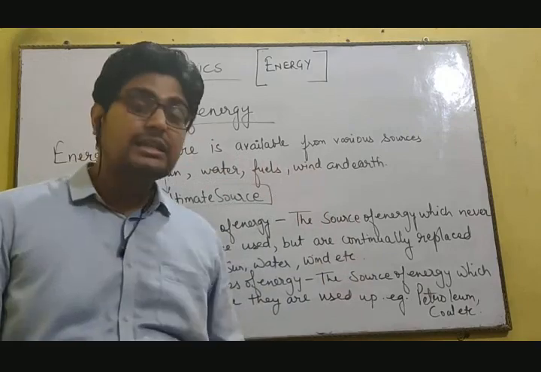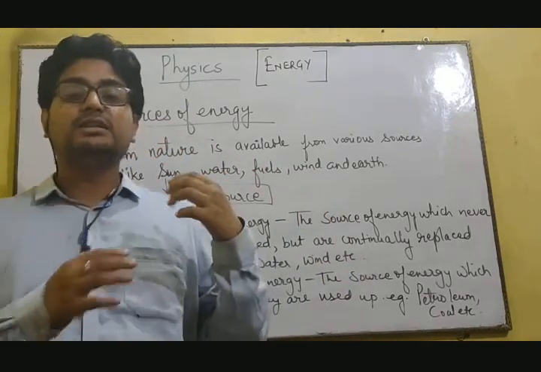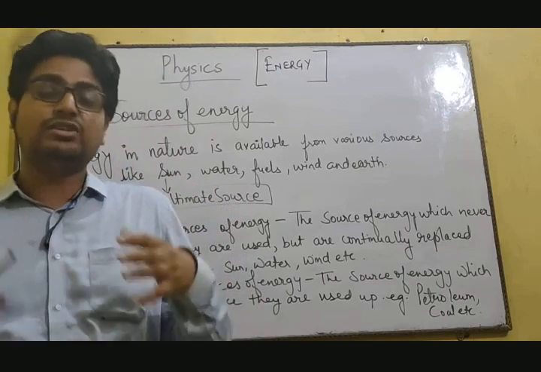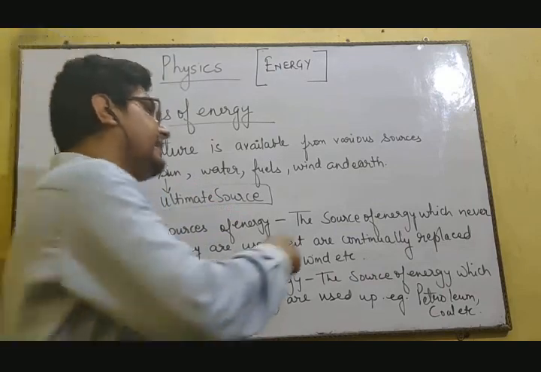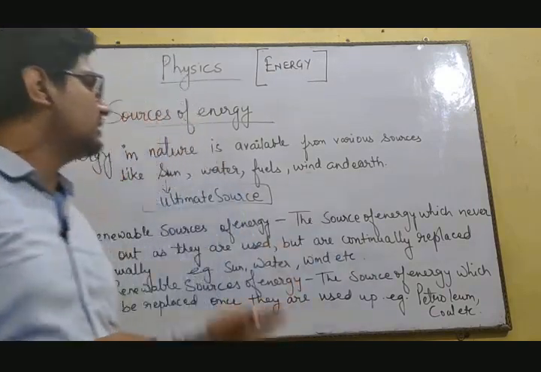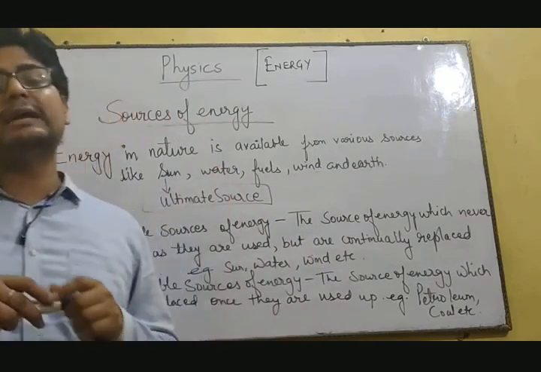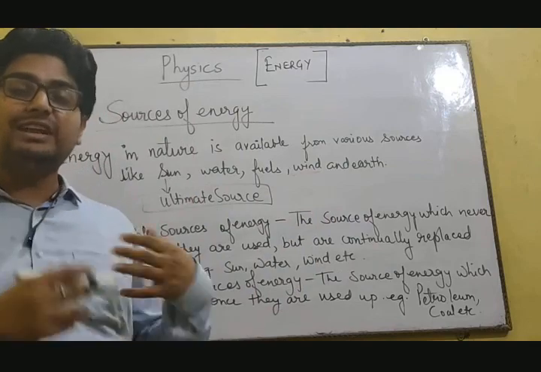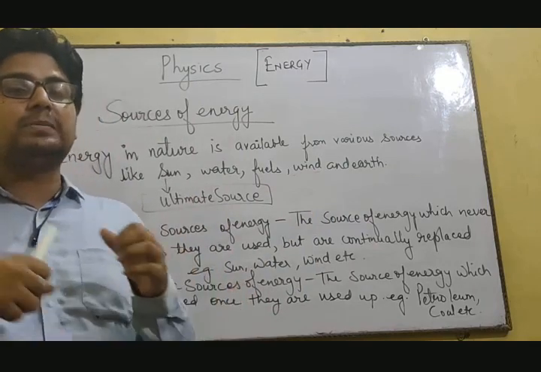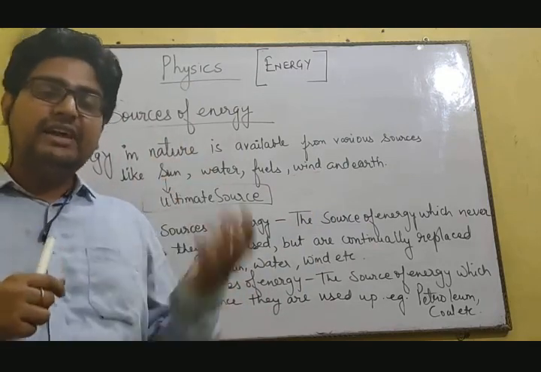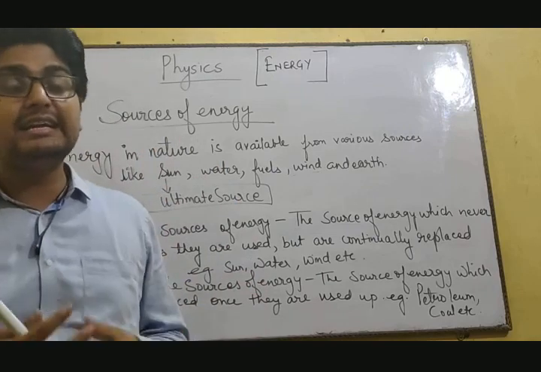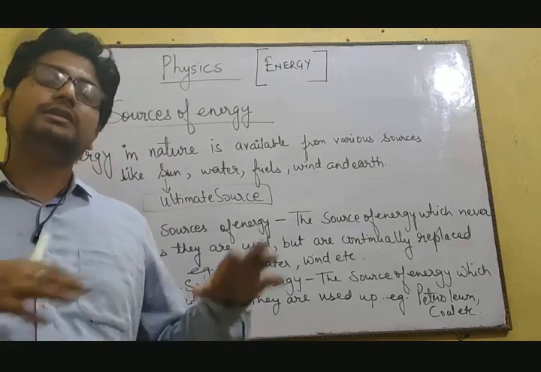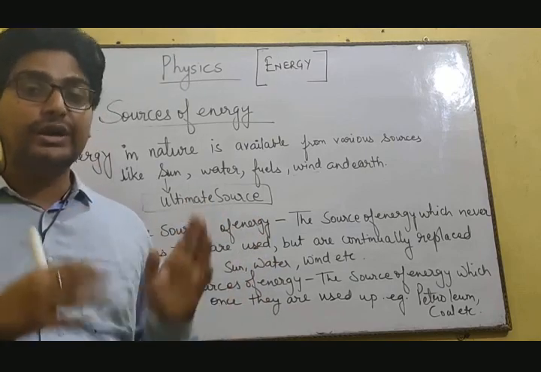And how does this wind energy help us? This wind energy helps us in many cases, like windmills, which are used to produce electricity, and their wind energy is used. Then different types of fuels are there, petrol, diesel, wood is also a kind of fuel, because in villages the wood is still used as a primary source. When they burn the wood, heat energy is produced, and with the help of that heat energy, they can cook food.